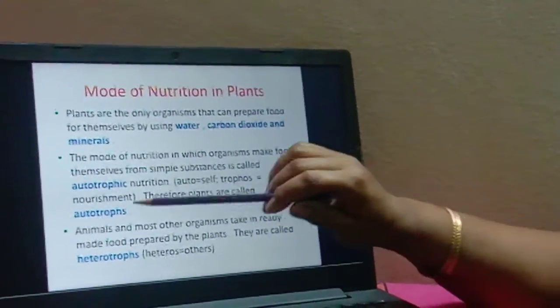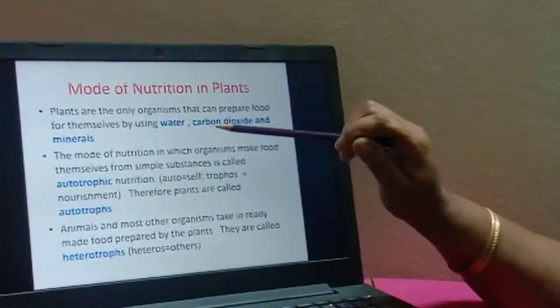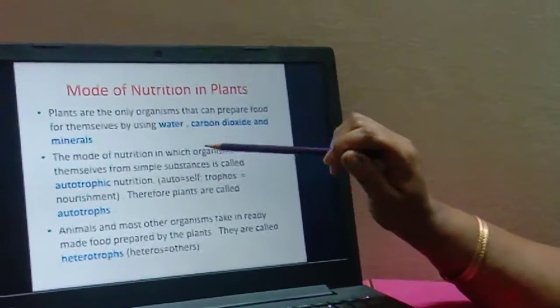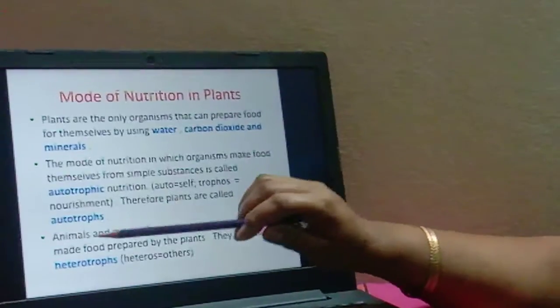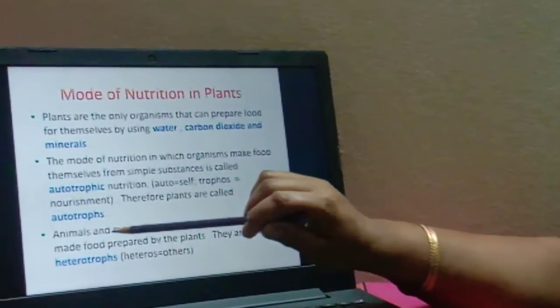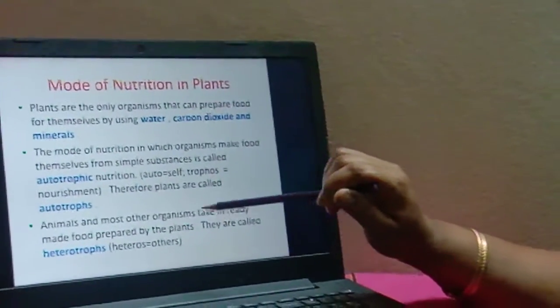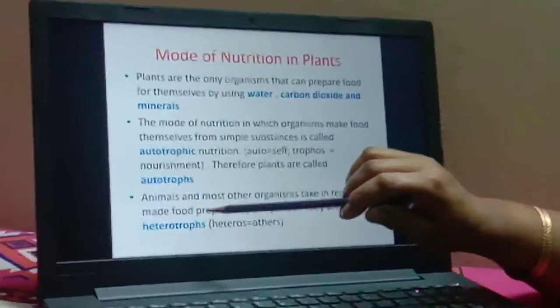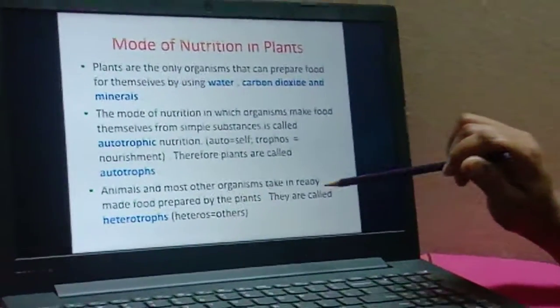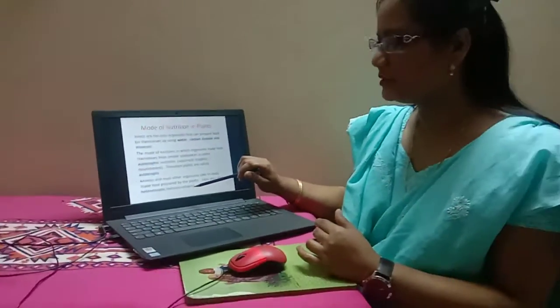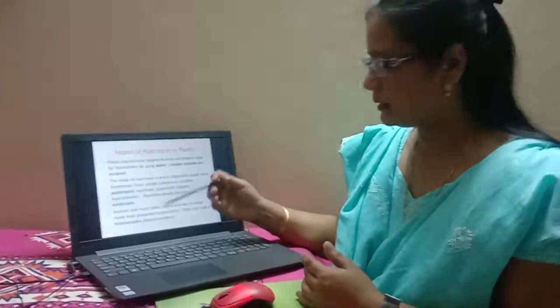Therefore, plants are called autotrophs because they can prepare their own food. Right? Then the other mode is animals and most other organisms take in ready-made food prepared by the plants. They are called heterotrophs. And heteros means others, means it depends upon the others. Right?